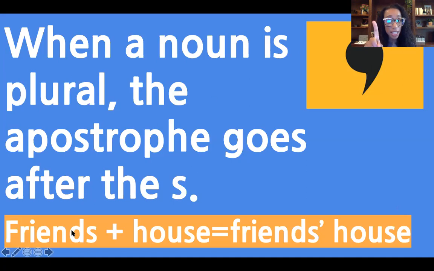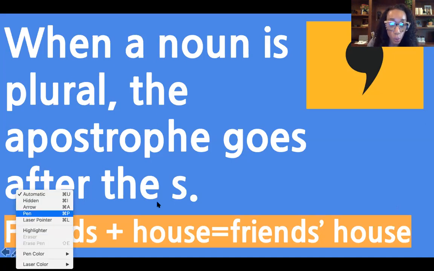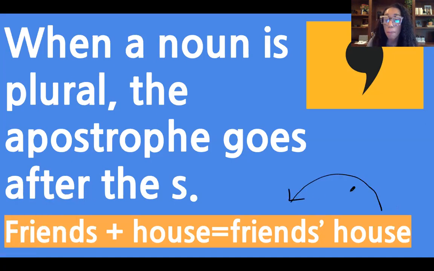Friends, right? Not friend, friends, multiple friends, plus house equals friends' house. So the house belongs to who? Yes, my friends, right? And notice, where's the apostrophe? Ah, the apostrophe is after the S because I have many friends, right?